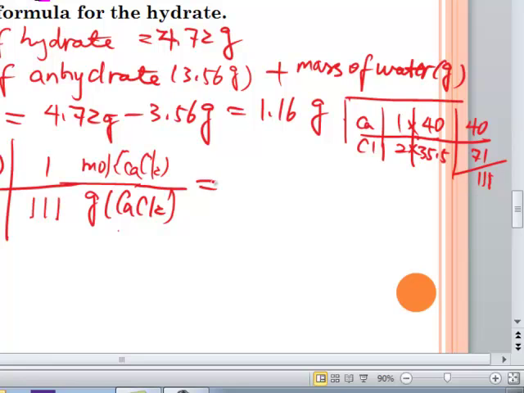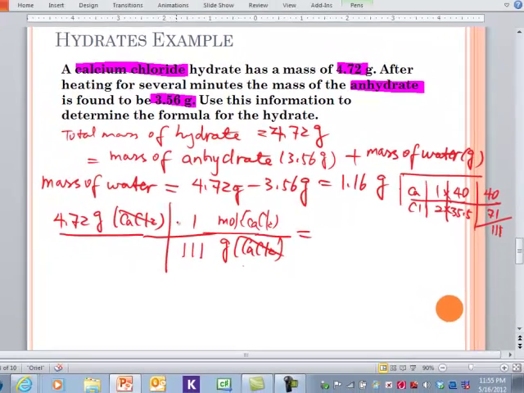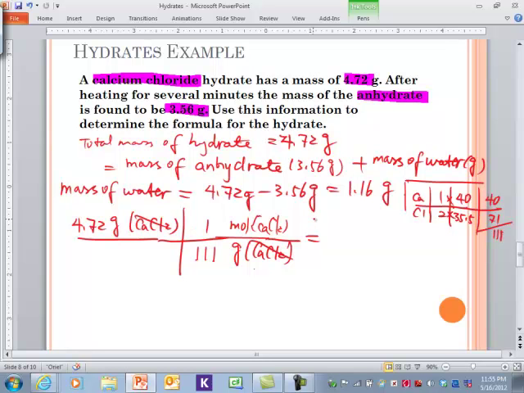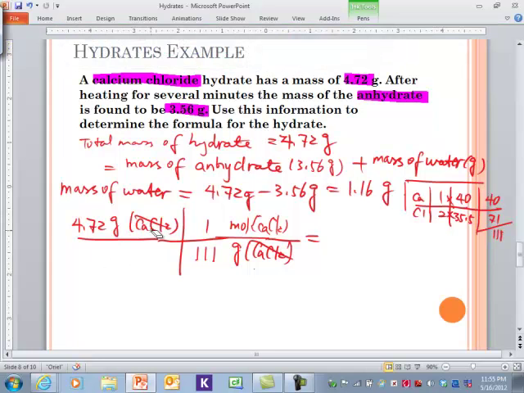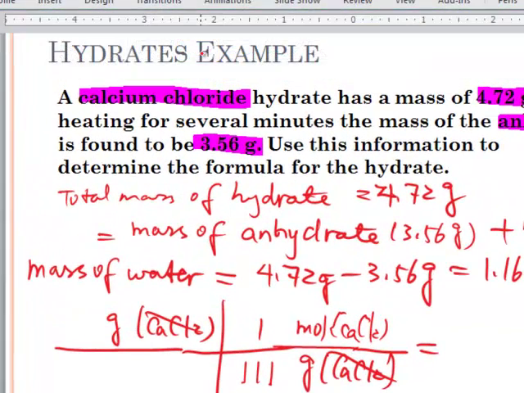You use that, cancel the unit, you can get the moles, punching the calculator. Now you see the mistake I made here: the amount of the anhydrate is not 4.72, the amount should be 3.56. So that is a good lesson.